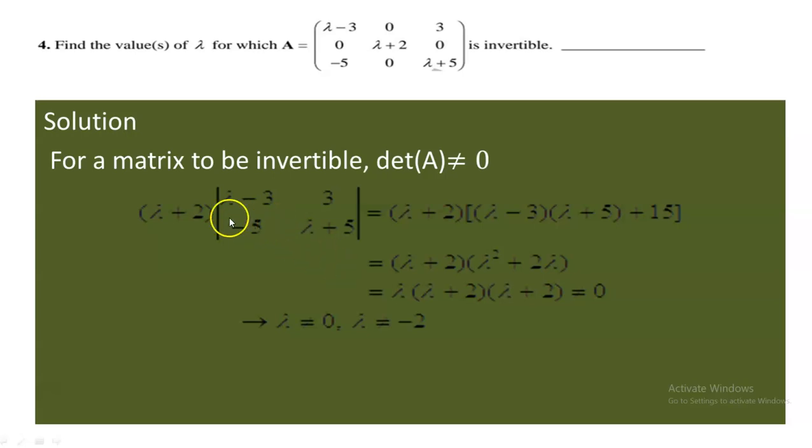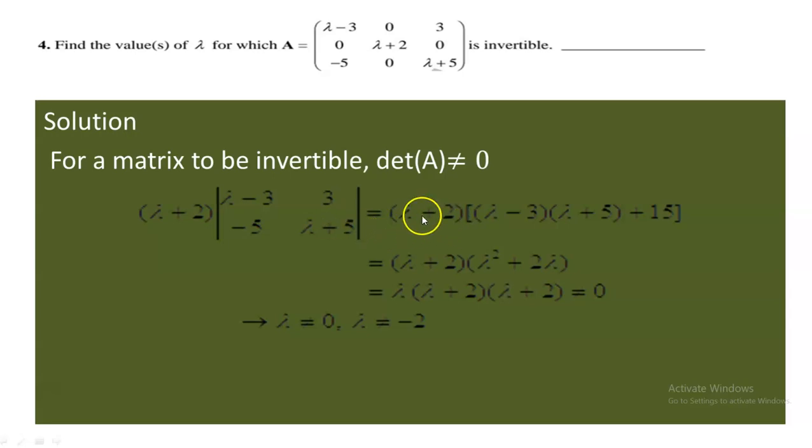We are now left with equating this one with a number different from 0. So this is going to be lambda plus 2 times the determinant of this matrix. This can be done in a simple way.